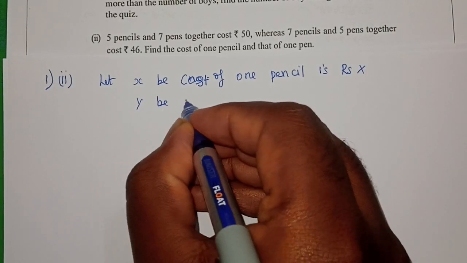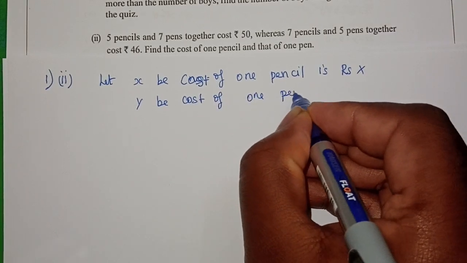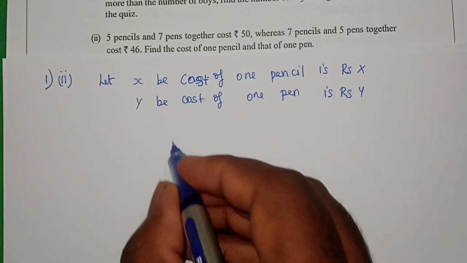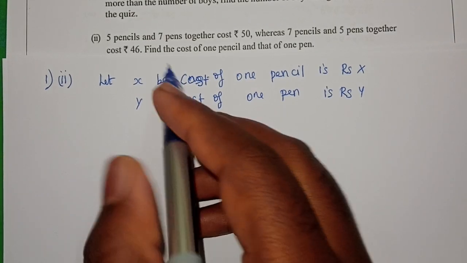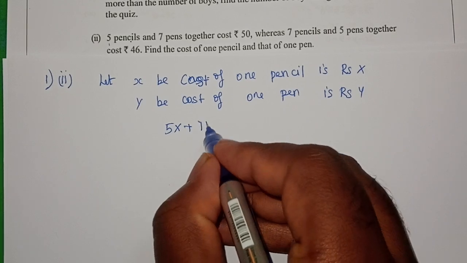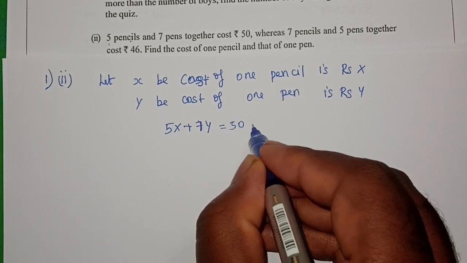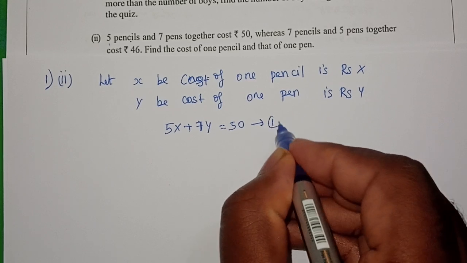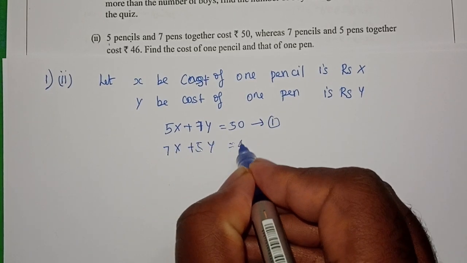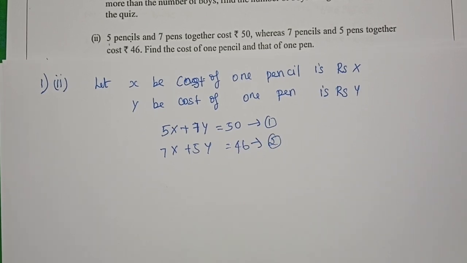Let y be the cost of one pen, which is rupees y. Therefore, from the first sentence you can write that 5 pencils and 7 pens: 5x plus 7y is equal to 50. Next, 7x plus 5y is equal to 46. It is very easy.